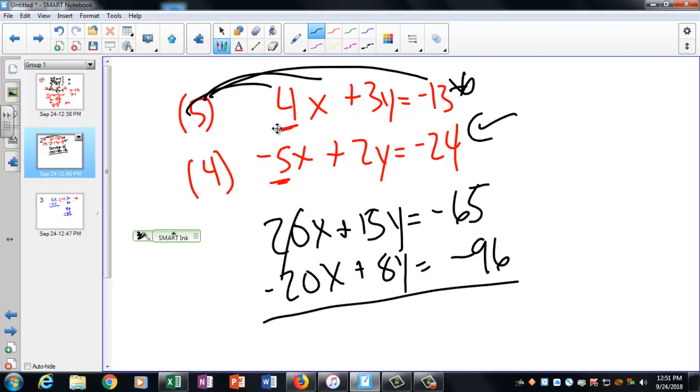Adding straight down, the 20s cancel. 23y equals negative 161.